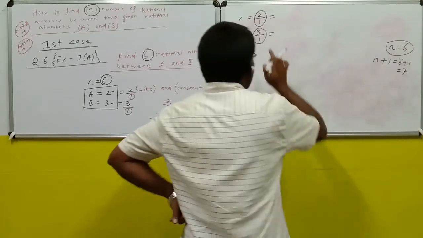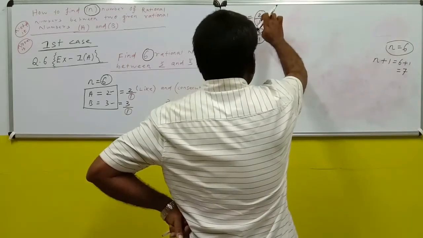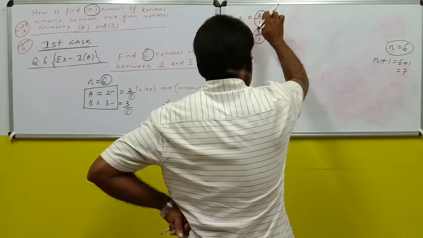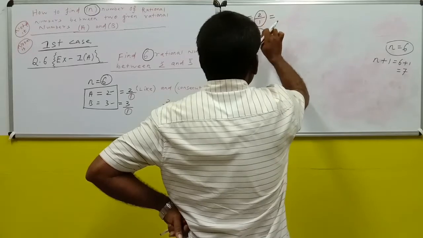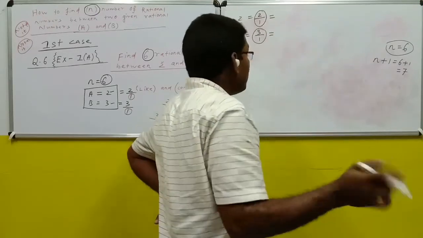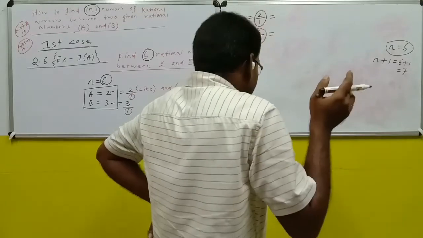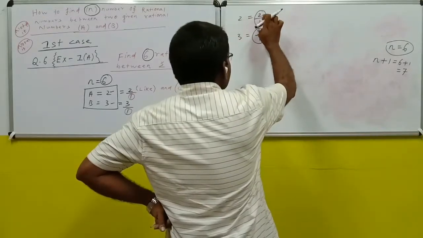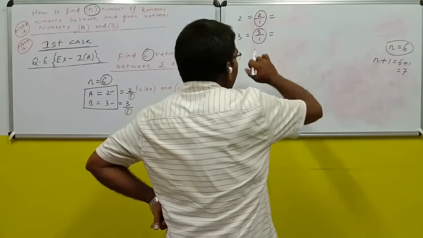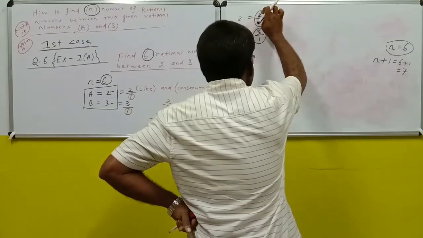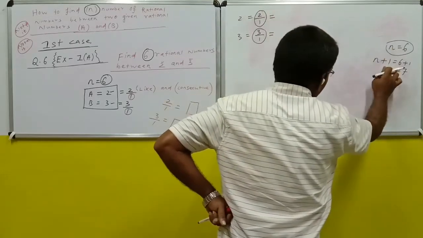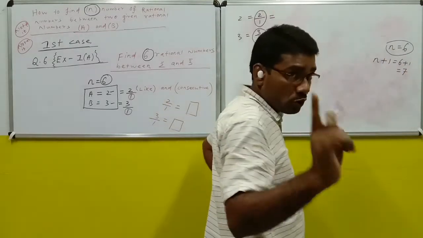So how can you change or how can you find out the equivalent rational number of these two given rational numbers? To find out the equivalent rational numbers of 2 by 1, you have to multiply its numerator and denominator by n plus 1, that is 7. It is the rule.